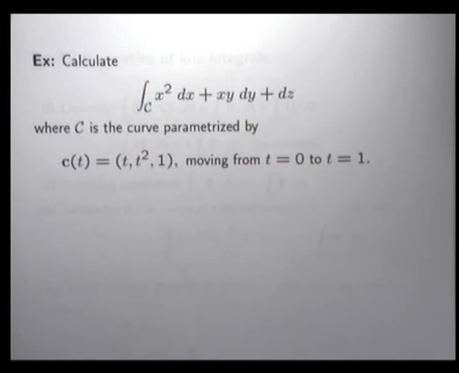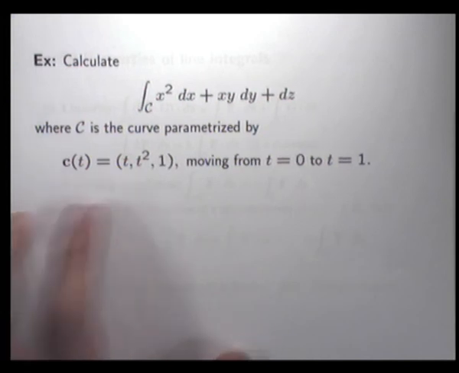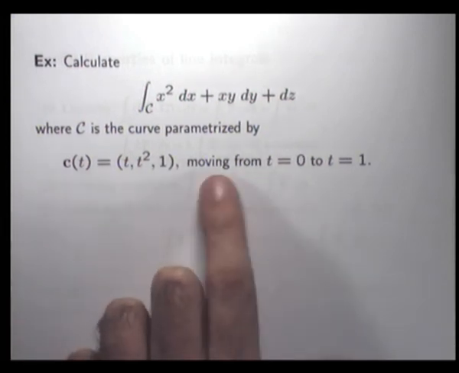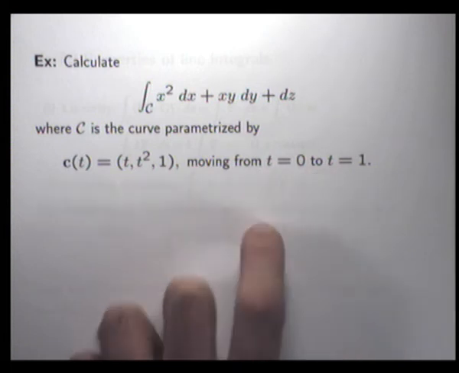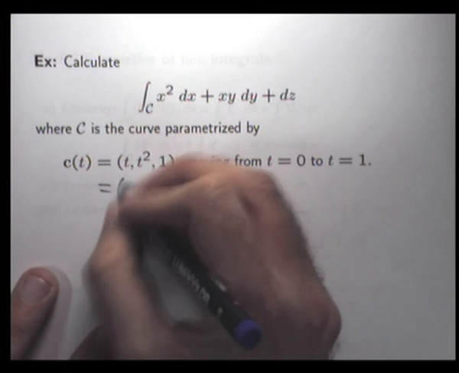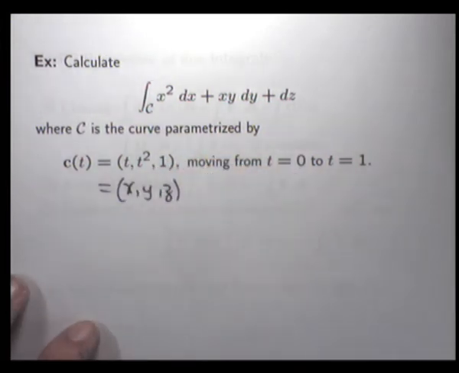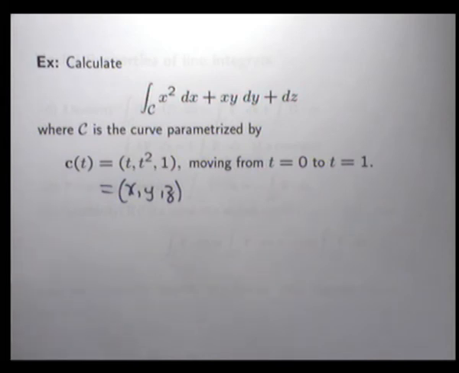Calculate the following line integral. The nice thing here is that the parameterization is given and the direction is specified by moving from t equals 0 to t equals 1. So quite easy to do. It's very similar to the previous example that I presented.